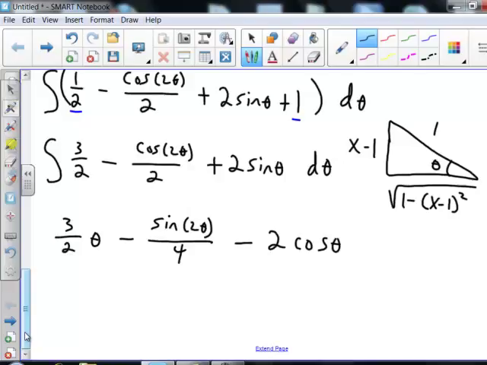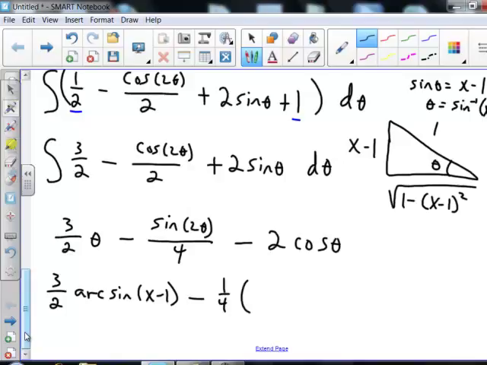So I know that the sine of theta is x minus 1. So that tells me that theta is going to be the inverse sine, or the arc sine, of x minus 1. So this becomes 3/2 arc sine of x minus 1, using my picture over there, minus 1/4 times, now, sine 2 theta.